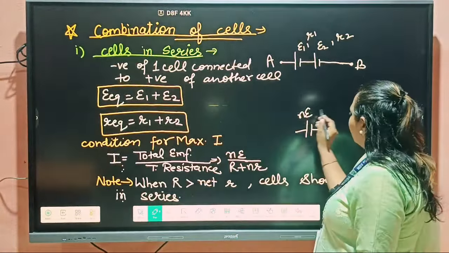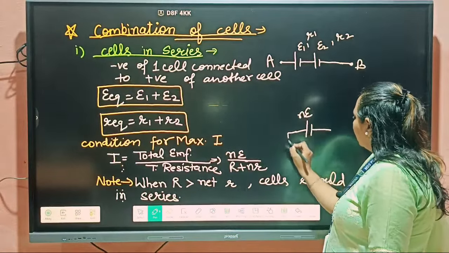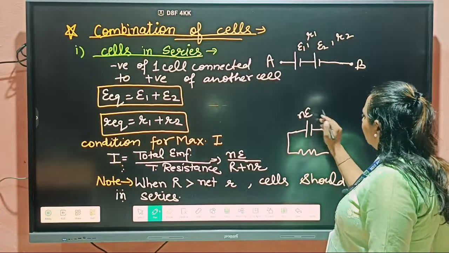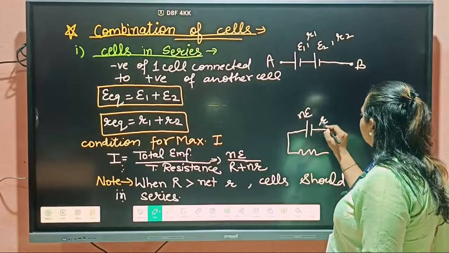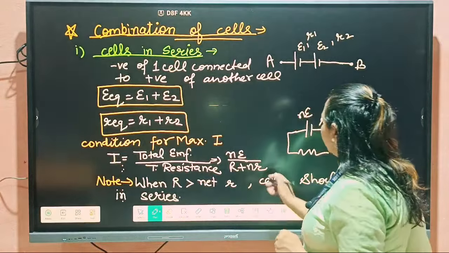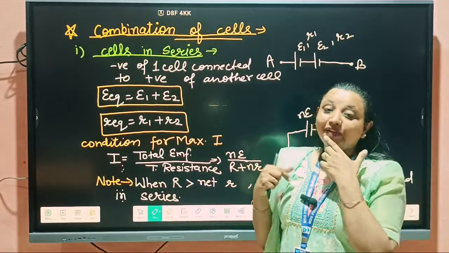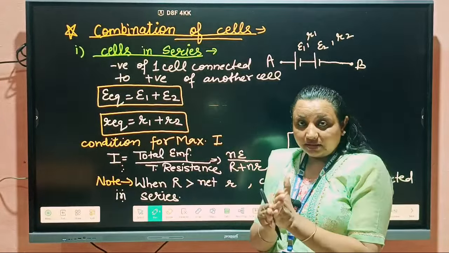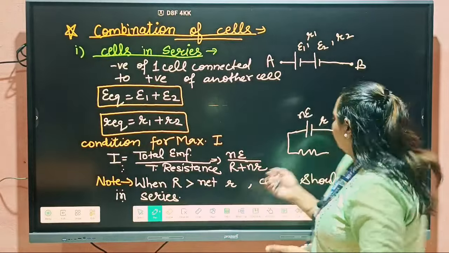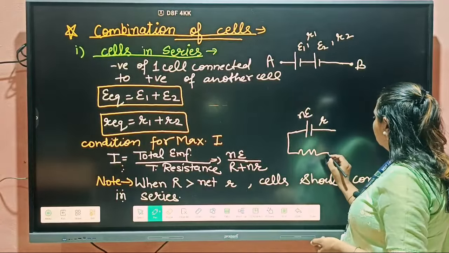If we have n number of cells connected in series along with an external resistance, and there are n internal resistances, right? So the equivalent internal resistance is nr and the EMF is nE, connected with the battery.